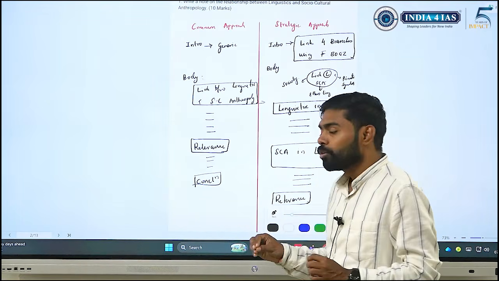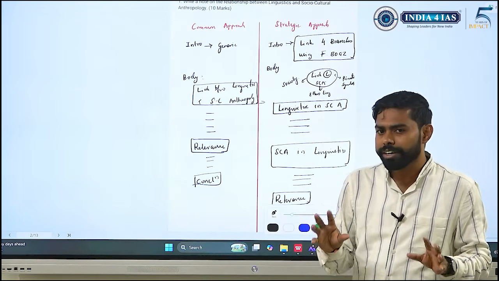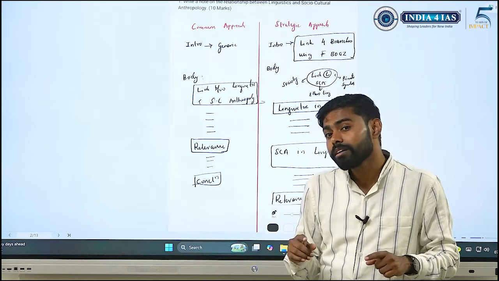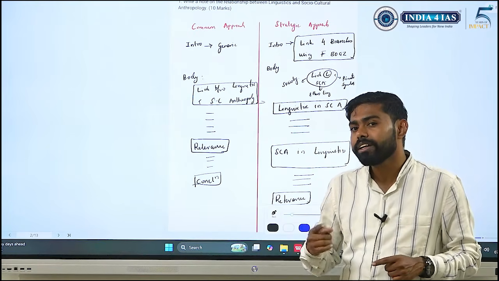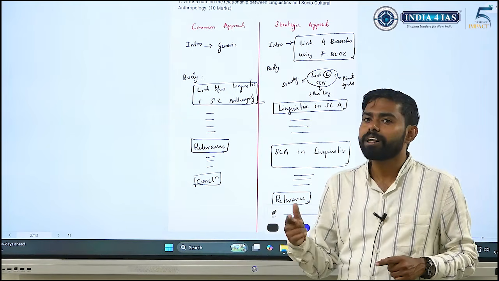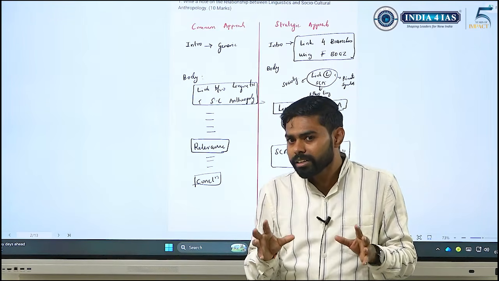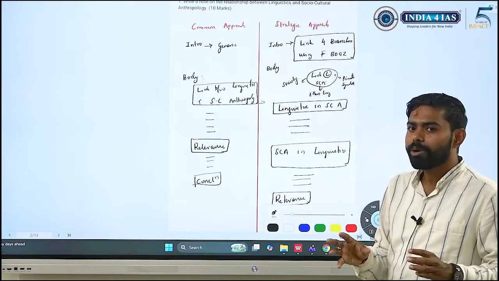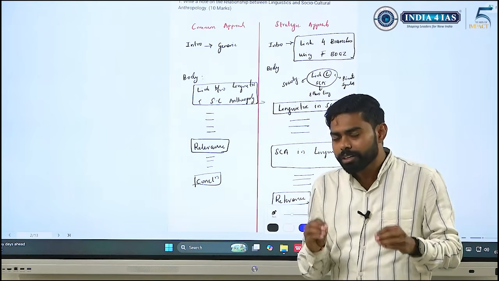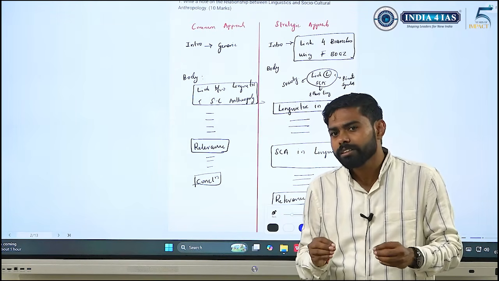That will not only give the quantity that is required for the answer, but it will also ensure that your quality is adequately padded up with the other dimensions, which will give your answer a holistic sense. So that way the evaluator will understand that you have actually studied anthropology thoroughly.